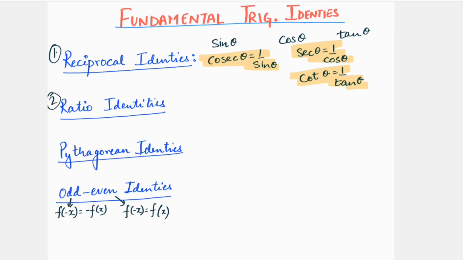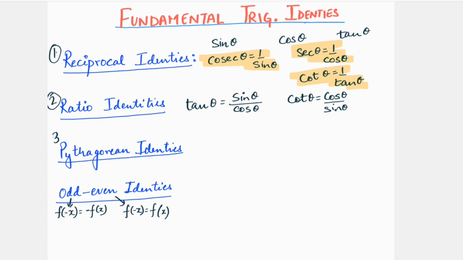The next one is ratio identities. The first one is tan theta, which equals sine theta over cos theta, and the next one is cot theta, which is cos theta over sine theta.